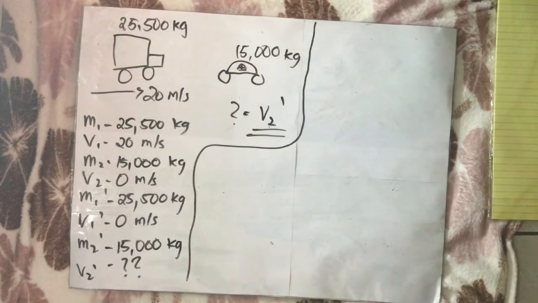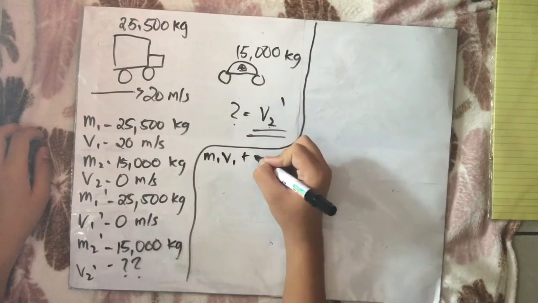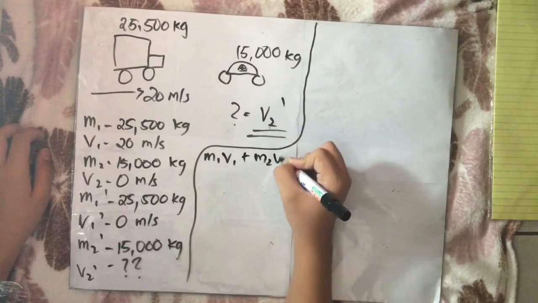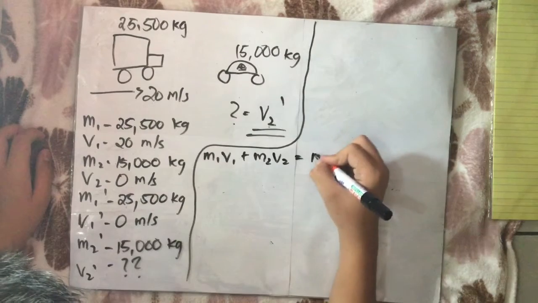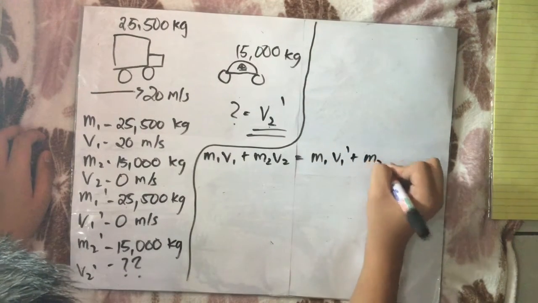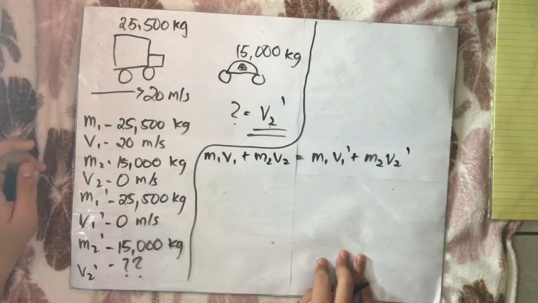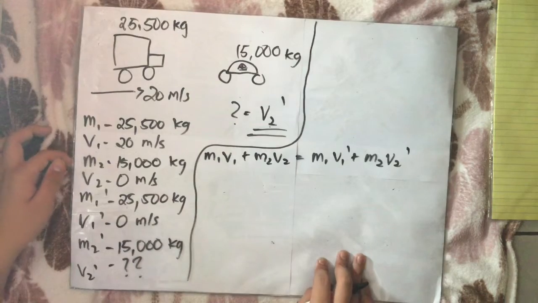So using the formula M1V1 plus M2V2 is equal to M1V1 after plus M2V2 after, let's substitute first the values.